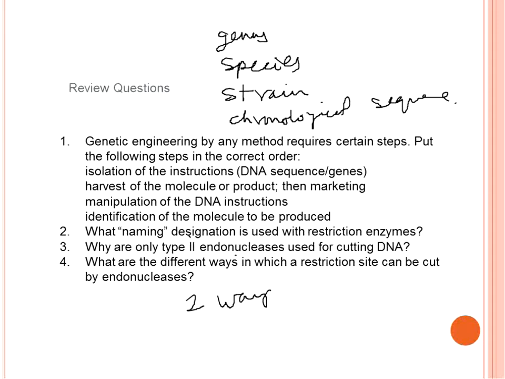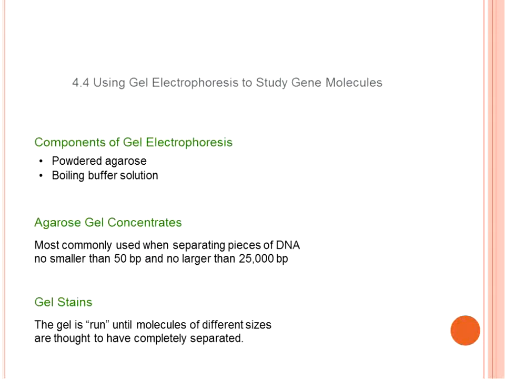Moving forward. Okay, now that we know how we can cut pieces of DNA, we need to know how we can analyze to see how we have cut the DNA. So let's say that you have this long piece of DNA, and oftentimes you would be cutting pieces of DNA that are circular.